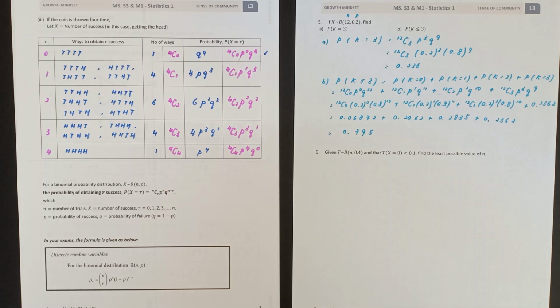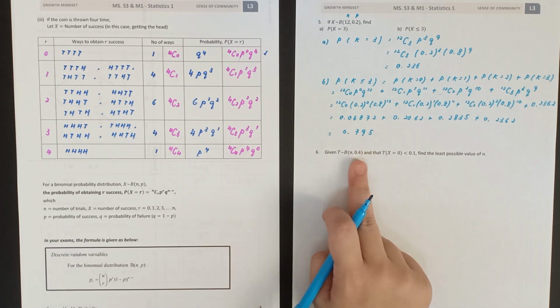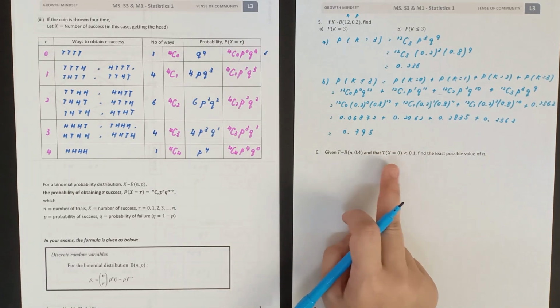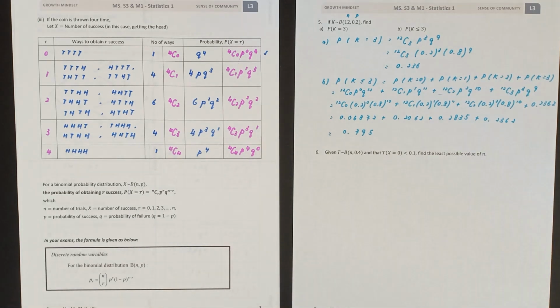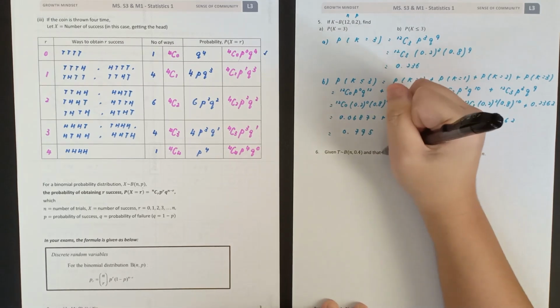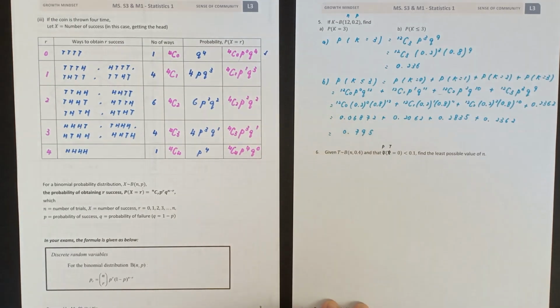Given that discrete random variable T is in a binomial distribution with n trials, probability of success is 0.4, and that the probability for T equals 0 is smaller than, oops, I'm sorry, I think I made a typo here. It's okay, I'll change it in your handout. So P(T=0) is smaller than 0.1.